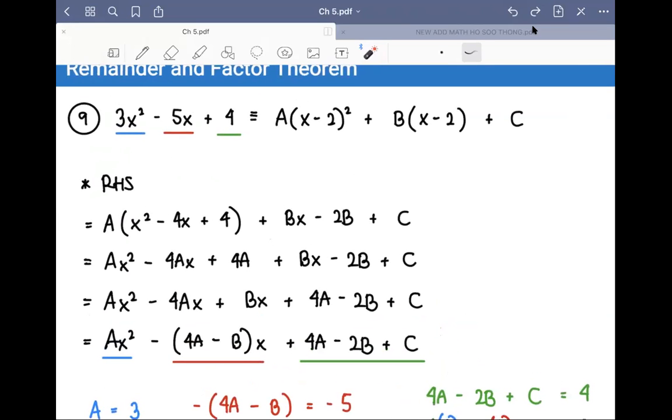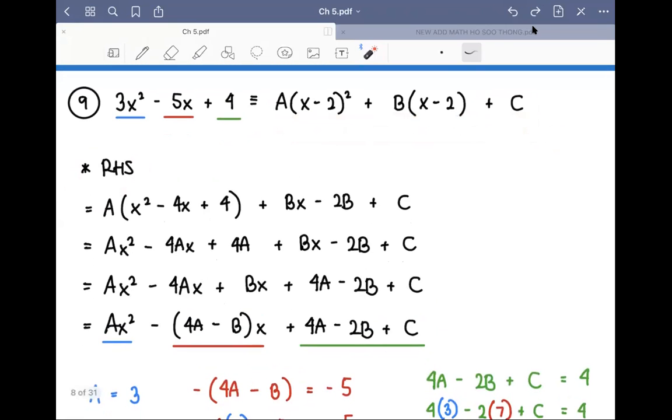So class, we are given on number 9, 3x squared minus 5x plus 4 is similar to a times (x minus 2) squared plus b times (x minus 2) plus c. So class, we need to evaluate the right-hand side. What we need to do first is to expand this, right? When you expand this, you will get x squared minus 4x plus 4, right?